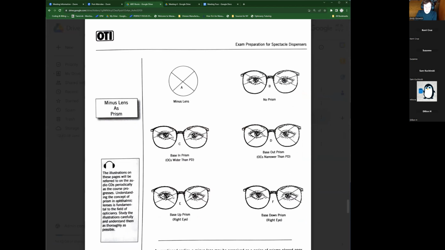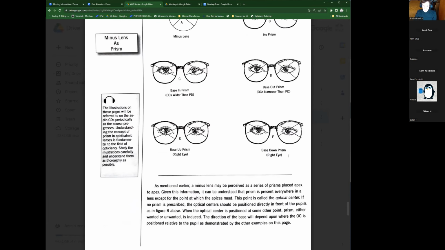So in C, it's base in prism. In example D, you're looking for what prism the pupil is in. It's in the prism on the temporal side, so the prism is base out. You can also see in E and F a nice example of what base up prism looks like in example E, and what base down prism would look like in example F.